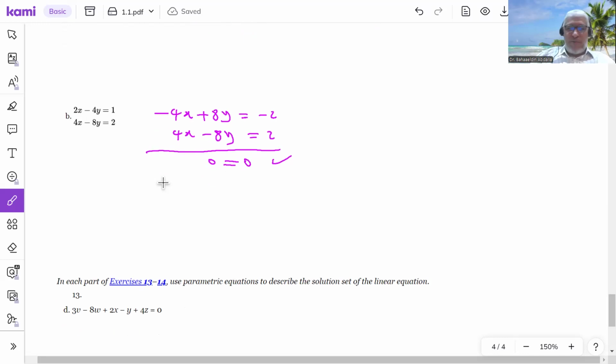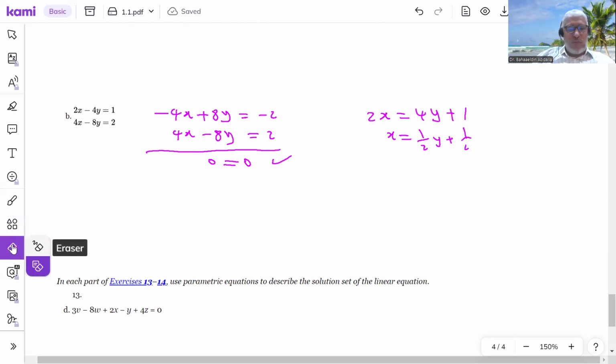How to write the parametric equations? Well, solve the first equation for x. If you divide by 2, 4 over 2 is 2.